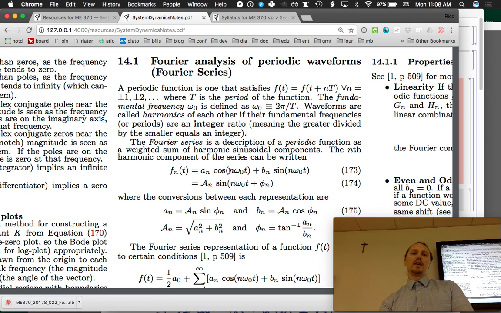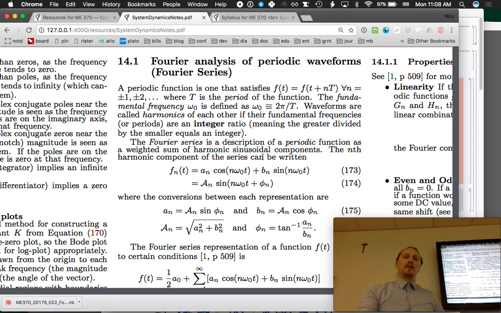So notice that this n omega naught is going to be some multiple of the fundamental frequency, right? That means it's going to be a harmonic. And we're going to sum up these terms with cosine and a sine at that frequency and different coefficients.